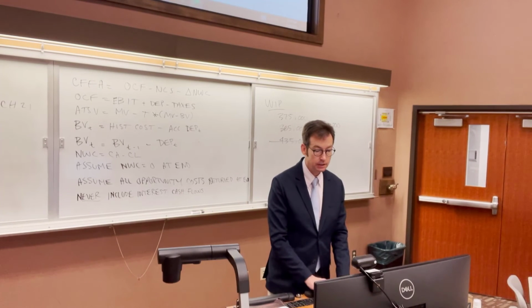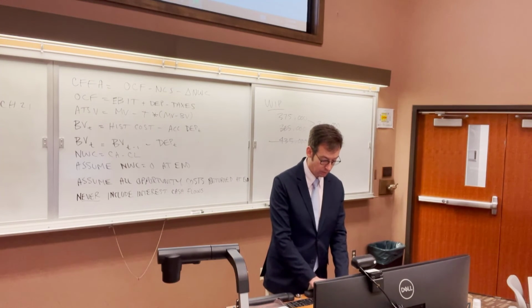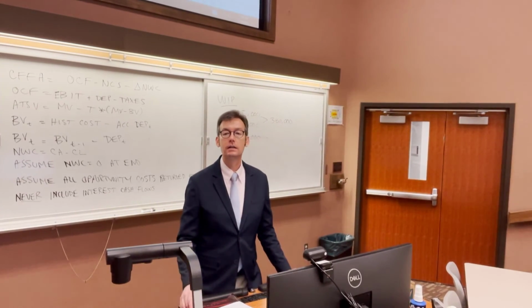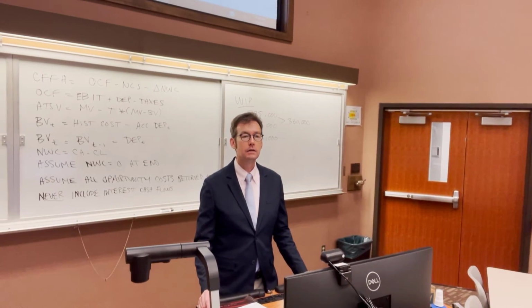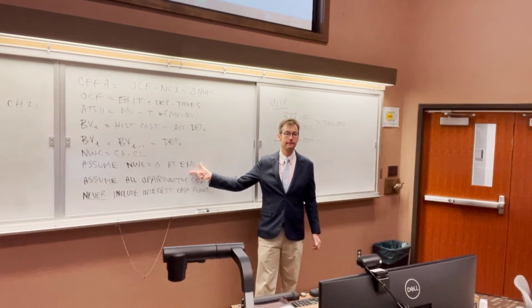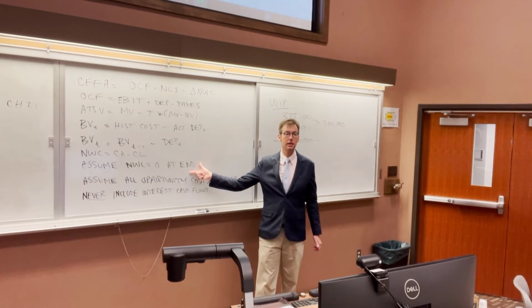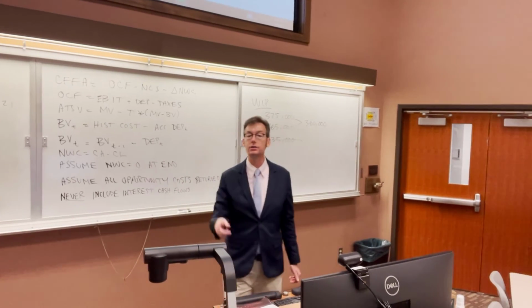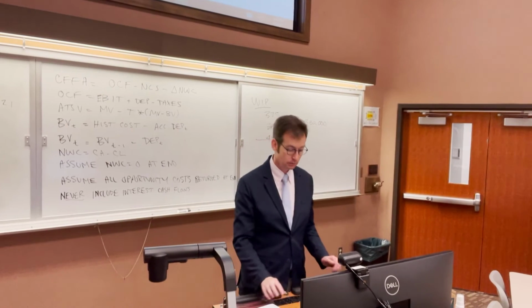So NWC percent sales, and is it year 1 through 5? It's not going to be there at year 5, right? So this 10% only applies to years 1 through 4.